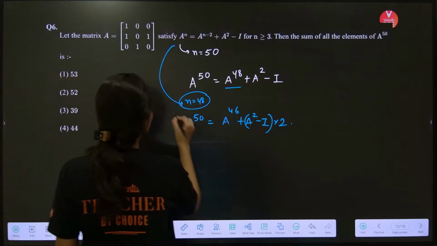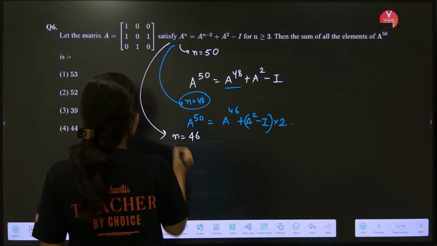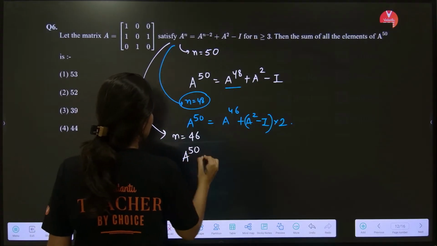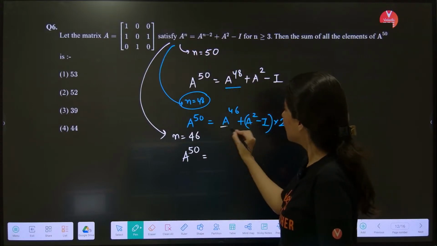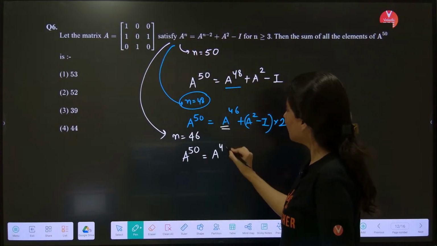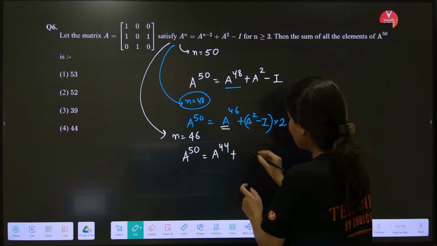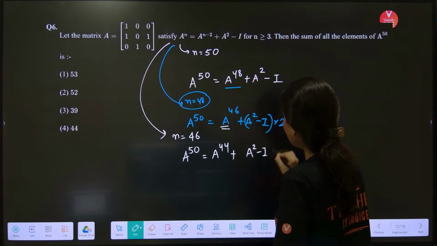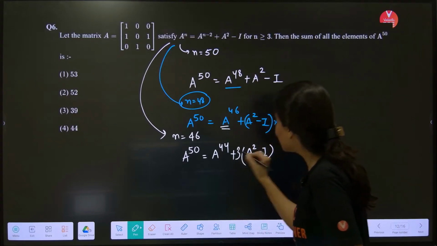Now A power 46, put n is equal to 46 over here. So A power 50 is equal to A power 44 plus 3 times, because after what will happen, A square minus I will be there, plus 2 times A square minus I is already there, so that's why there are 3 A square minus I.